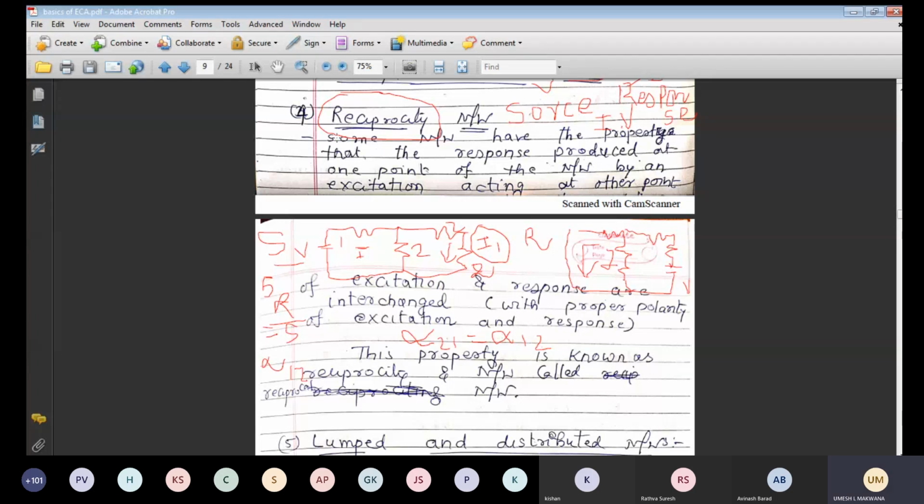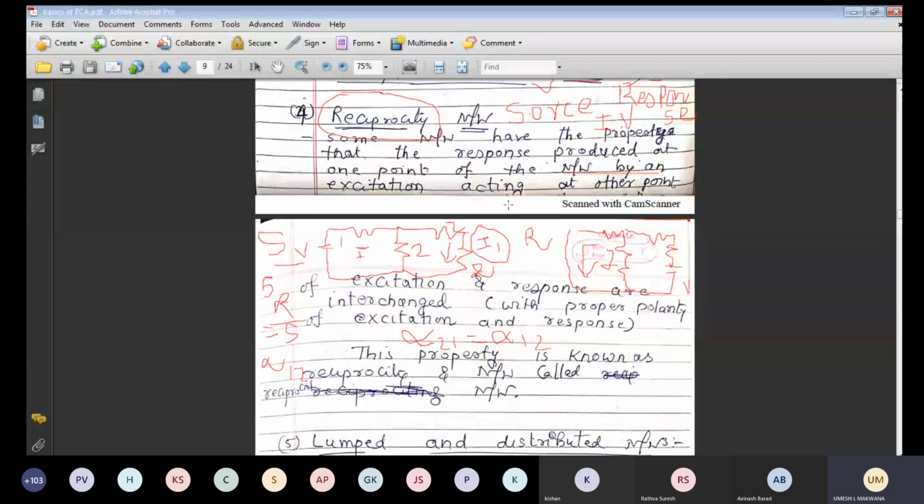I am just reading this statement: a network has the property that the response produced at one point by an excitation acting at another point remains constant when the excitation and response are interchanged with proper polarity. That means the circuit or network is known as a reciprocal network if the source to response ratio or response to source ratio remains constant.